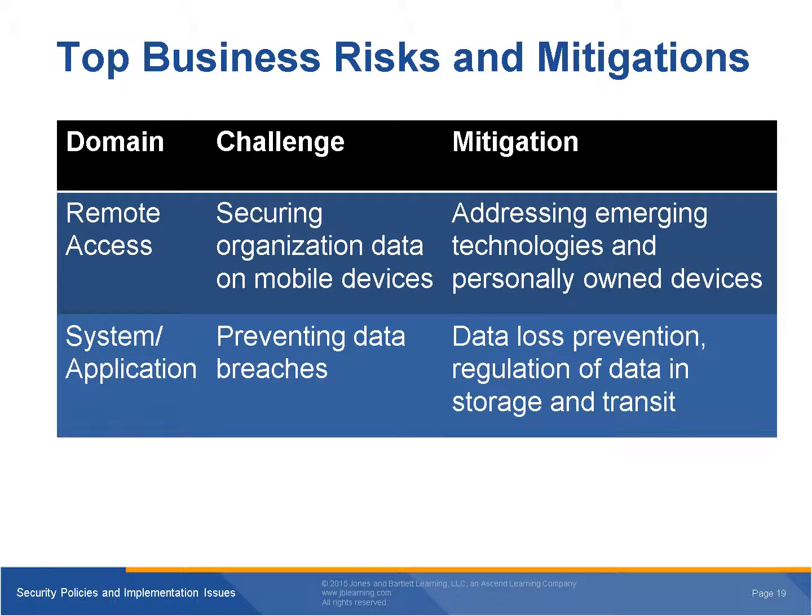And then in the remote access domain, the challenge would be securing the organization's data on mobile devices. The way to mitigate that risk is by addressing emerging technologies and personally owned devices. And then in the system and application domain, the challenge is preventing data breaches. The way to mitigate that is data loss prevention, and regulation of data in storage and when it's being transmitted.